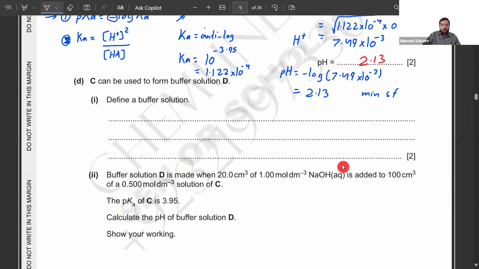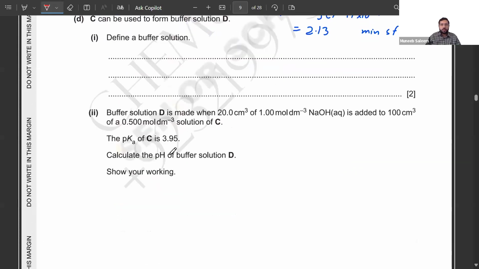Now the next question, 2: buffer solution D is made when this volume of NaOH and concentration is added to this volume and concentration of solution C. The pKa is given, calculate the pH.